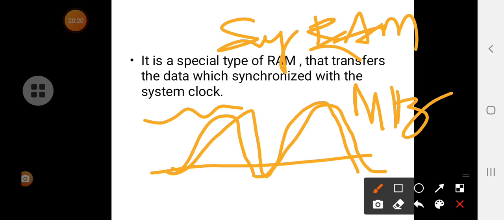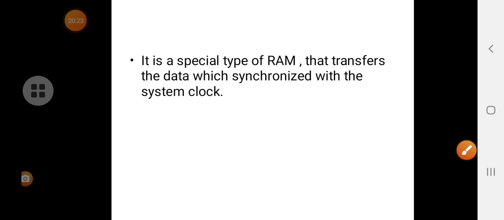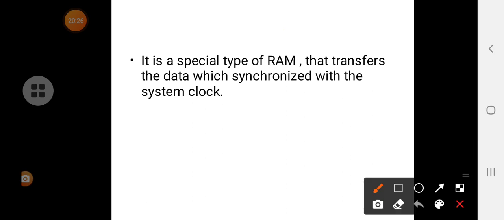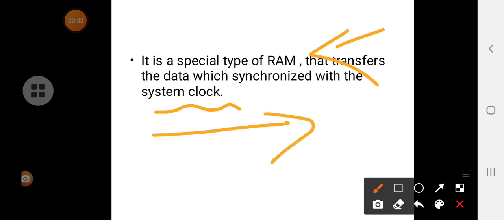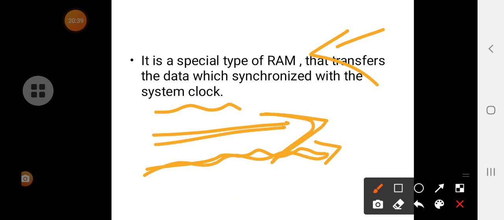SDRAM is a special type of RAM wherein the transfer of data is synchronized with the system clock. Whenever the data is transferred, the system clock is noting it down. Along with the system clock, the data is transferred. So that is synchronized RAM.